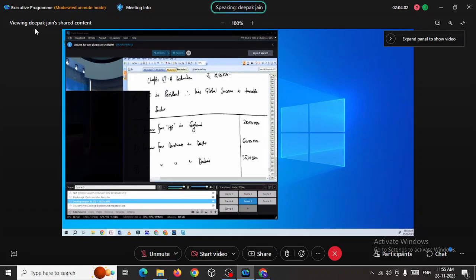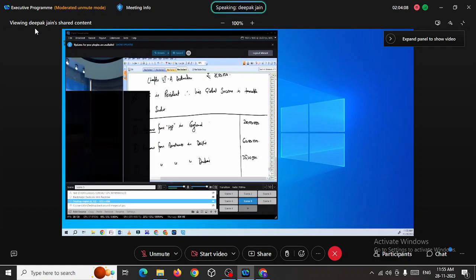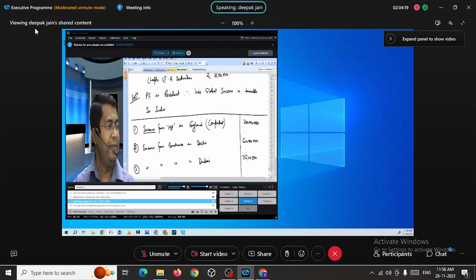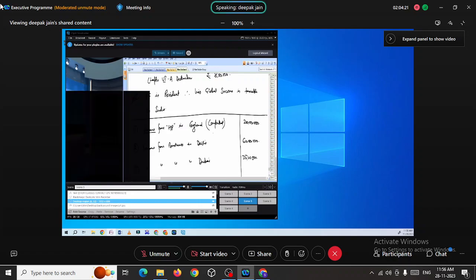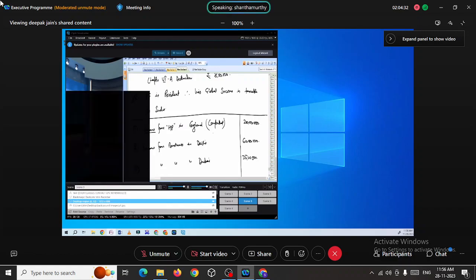Yes sir, but the question already specified income from house property. It means it's computed income. So in the question paper, you have to consider whether income is given or rent is given. If rent is given, you provide 30% standard deduction. If income is given, beta, it means it's already computed. Okay? Good.